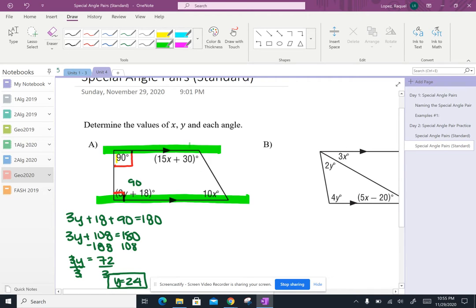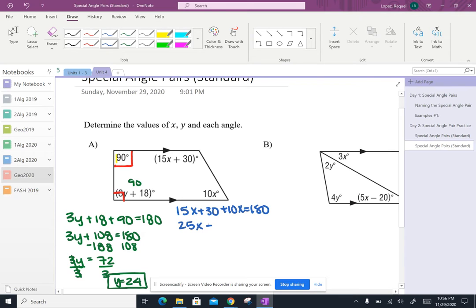Again, I've got my parallel lines, and this time this is going to be my transversal. Same concept. Those two angles, 15x plus 30 and the 10x, are same side interior angles, which means that they are supplementary. So I'm going to do 15x plus 30 plus 10x and set them equal to 180. Let's combine any like terms.